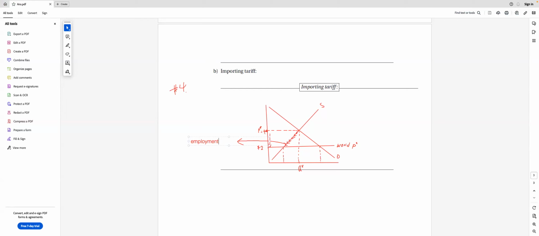Unemployment will increase, because American producers lay off laborers. They reduce the quantity they produce, and at the same time that means they need to lay off laborers.